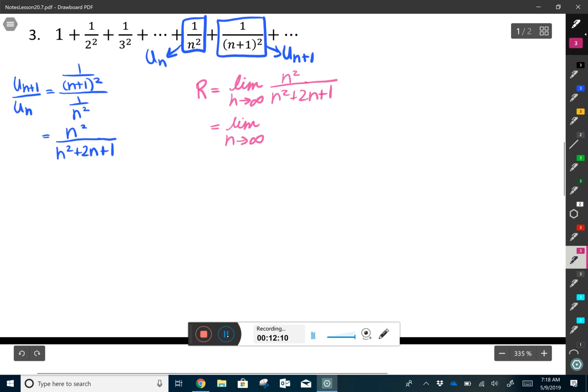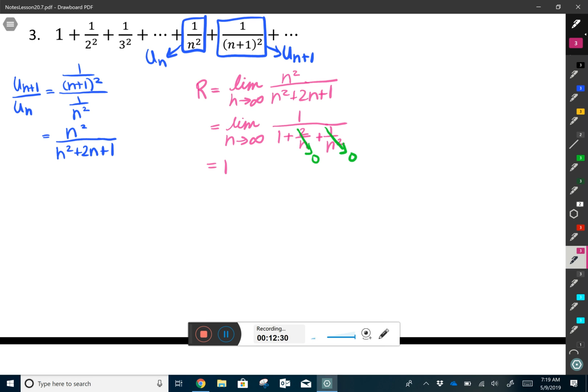Nothing. So we have 1 over, dividing everything by the greatest power of the denominator to show all of our work, plus 2 over n plus 1 over n squared, showing that the parts go to 0. These two parts both go to 0. We end up with 1 over 1, which is 1. And the directions on this just said to investigate the ratio test. So all we're doing is the ratio test, seeing what we can figure out from it.